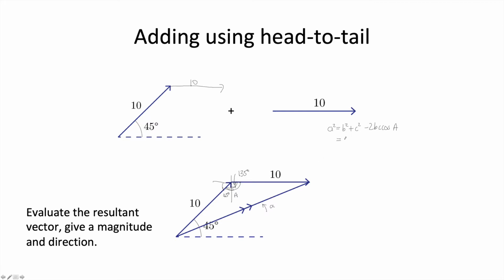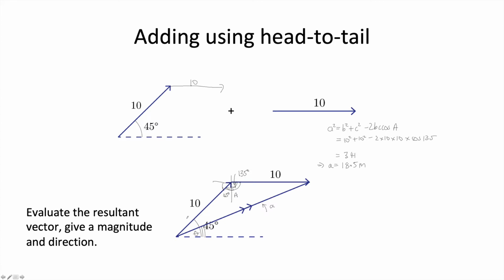And so we can say, well, this is 10 squared plus 10 squared minus 2 times 10 times 10 times cos 135, which gives us our a squared is equal to 341, which gives us our a is equal to 18.5 meters. Now, this is a vector, so we also need to give a direction. So it'd be nice to find out, well, what's this angle here? Let's call this angle here theta and try and work out what it is.